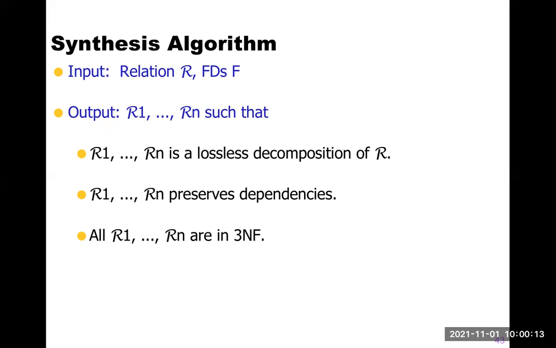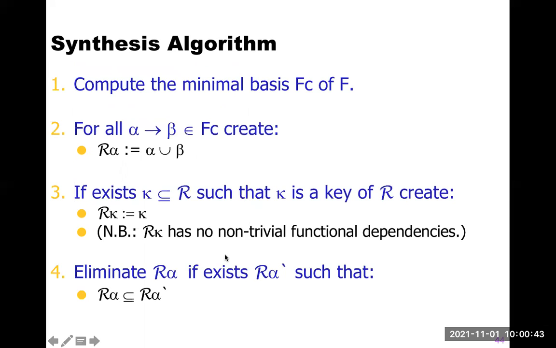With synthesis, essentially we have just one database schema, and we try to synthesize a new database schema on the base of this original schema. We have just a single relation, a couple of functional dependencies, F, and the result of the synthesis algorithm is multiple relations, such that that's a lossless decomposition. They preserve dependencies, and all the relations, all new relations, are in third normal form. How to do this?